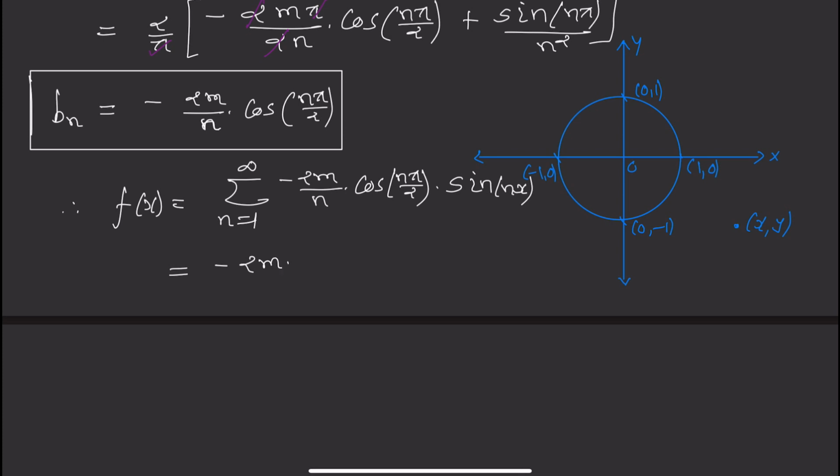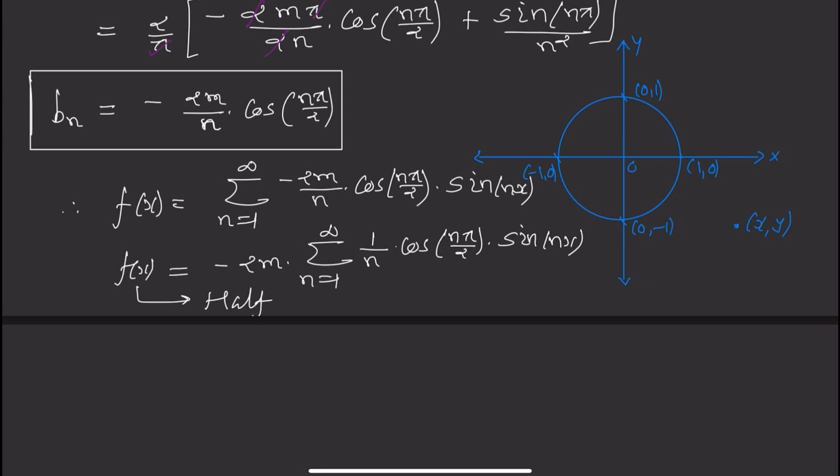So 2m summation n is equal to 1 to infinity 1 upon n cos n pi by 2 into sine nx. This is half range Fourier sine series.